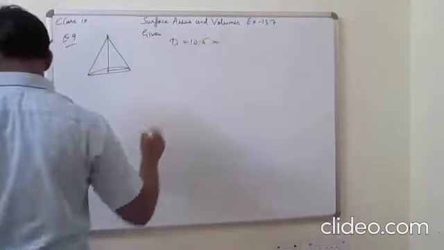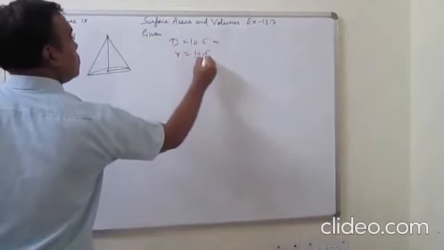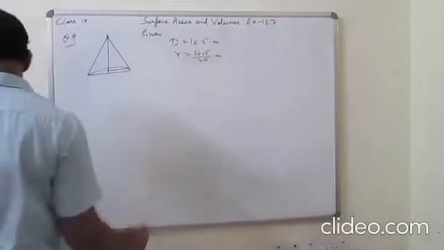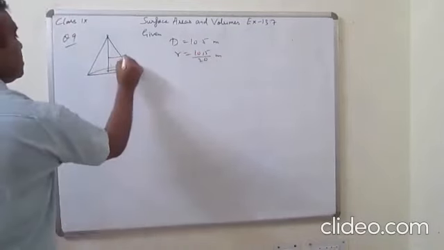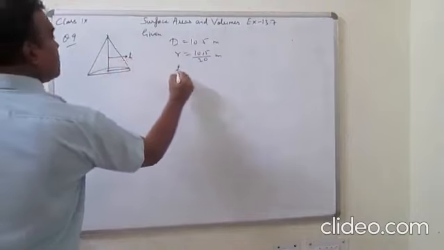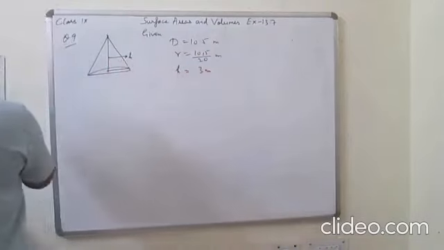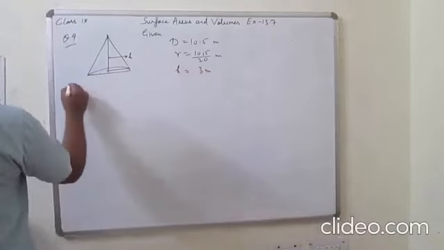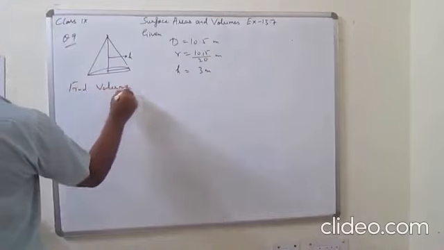So the radius will be 10.5 upon 2, that is 105 upon 20 meter, and the height is h. H is given to you, 3 meter. Find its volume.